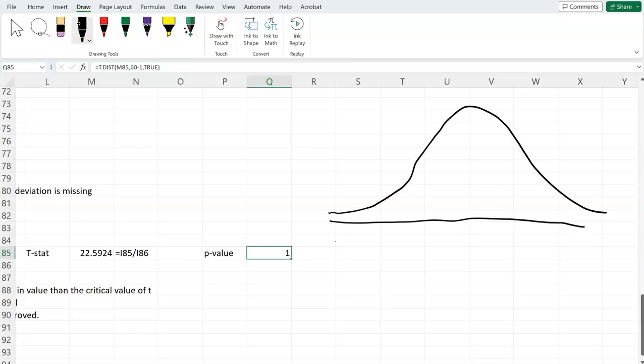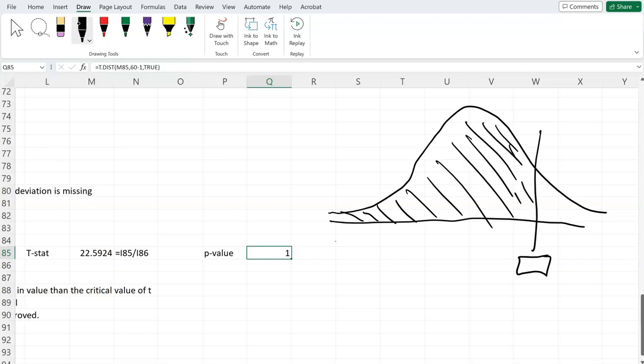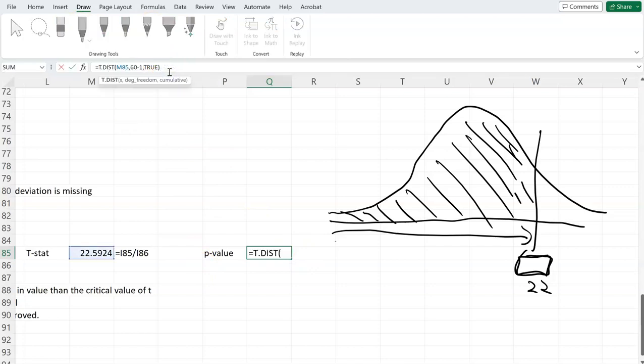The reason is, as we said from before, the t-values measure this number that we calculated. Excel measures it from left to right. So if this is my t-value, it will measure this area. Since my value is very high, it's 22, it's going to measure this area, and so it's very close to 1. So there are two ways we could find this. One is if I did 1 minus the t-distribution.